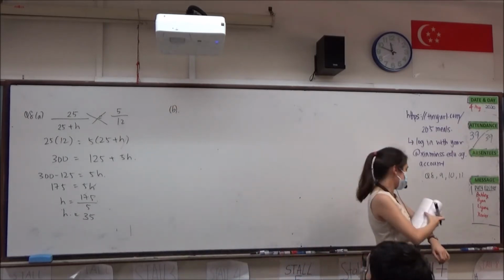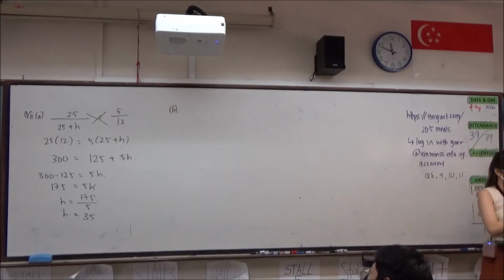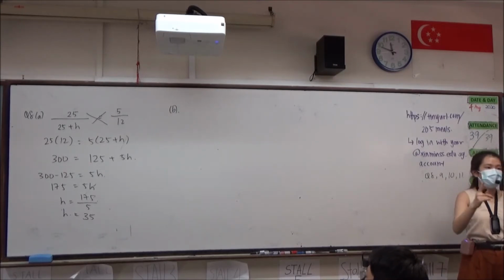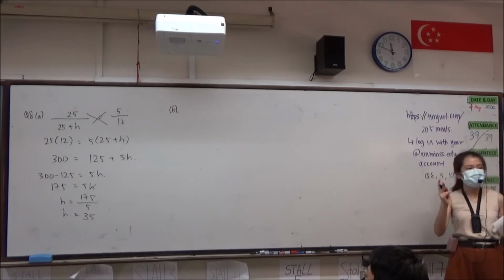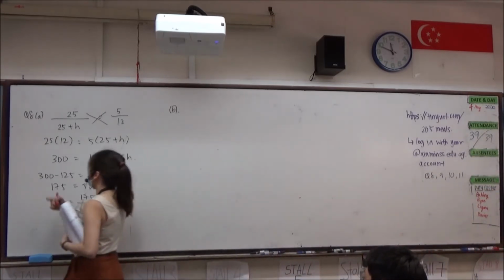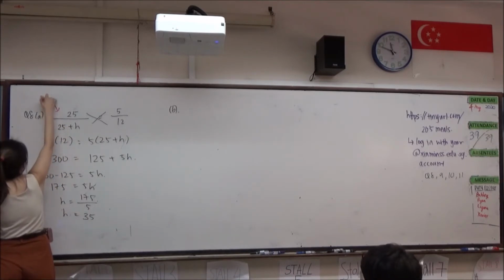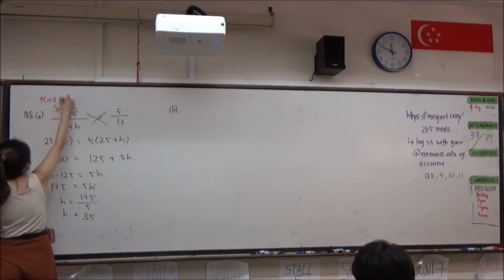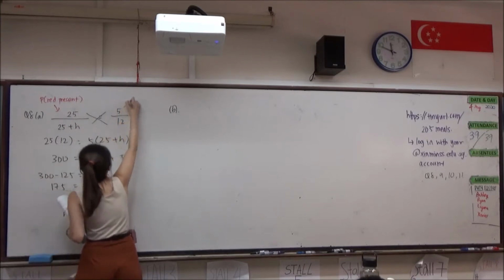Then next, when it comes to part B, they give you the probability of a white present instead. So there are two ways that you can do it. In part A, all we did was to find the probability of red present.